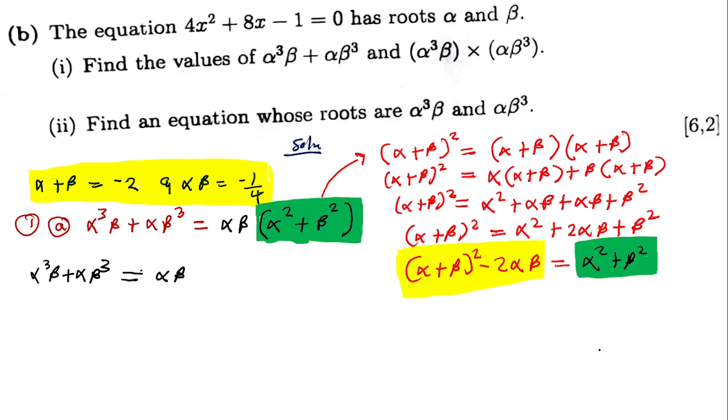So in short, what we are going to have now is open bracket alpha plus beta squared minus 2 alpha beta, and then you put what? Close brackets.